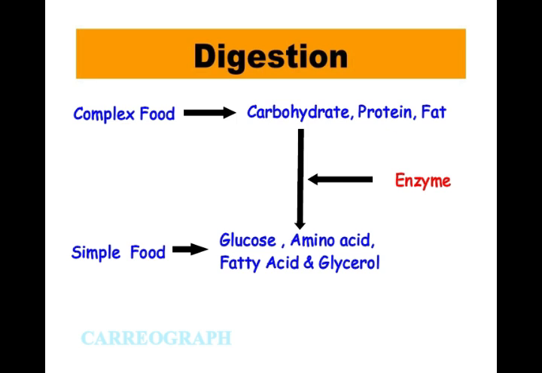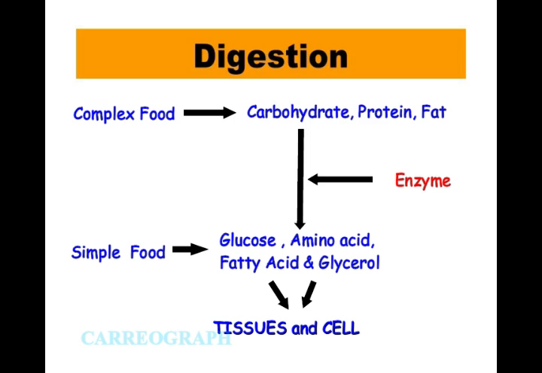In the process of absorption, simple food is absorbed at the intestine through a structure called villi and goes into the bloodstream. After this absorption, we have the process of distribution. In this distribution, the blood which contains simple food is distributed throughout the tissues and the body cells.